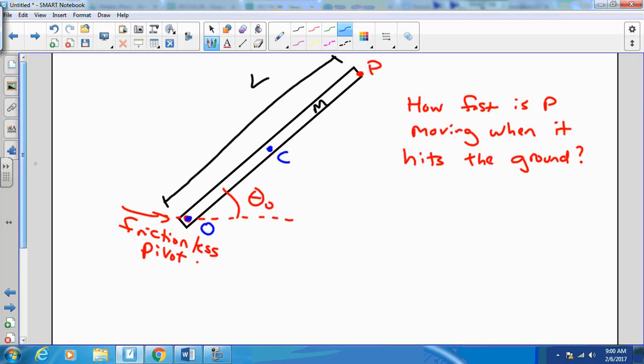If we analyze it around point O, then we can analyze it in terms of energy transfer. We are going to be converting potential energy for the object into kinetic energy for the object. And so our basic form here is that delta U equals negative delta K, conservation of energy. Now, a change in potential energy is going to be the change of the motion of the center of mass of the object.